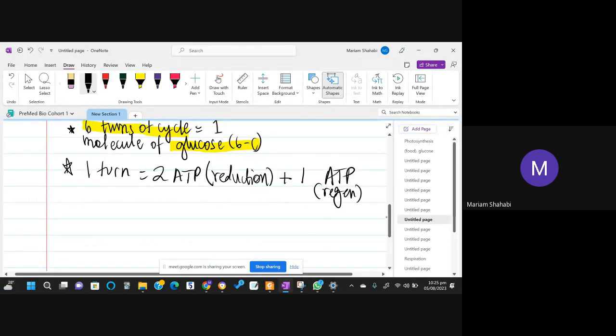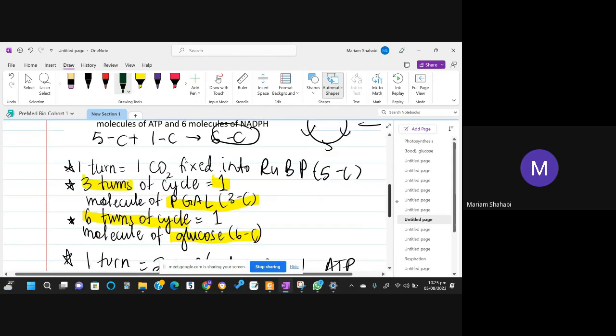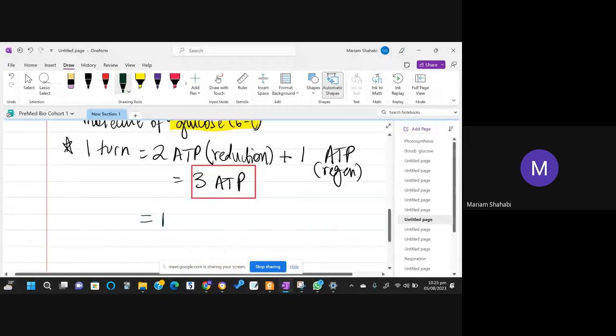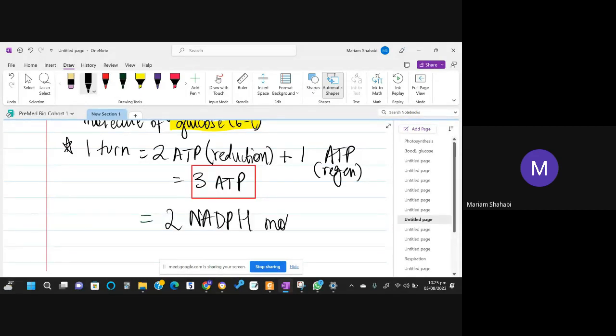So that means 3 ATP molecules in total are consumed. And in one turn, 2 NADPH molecules. Reduction.